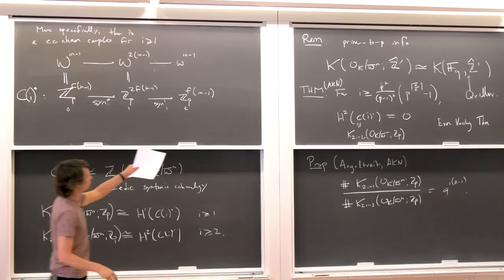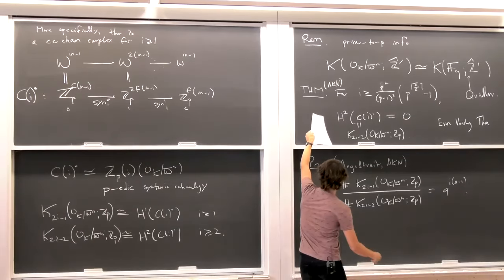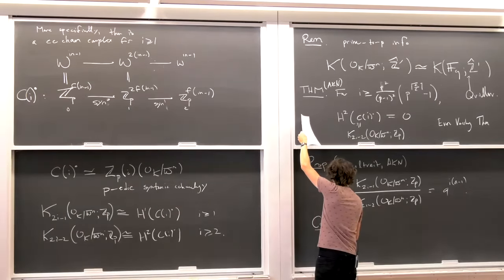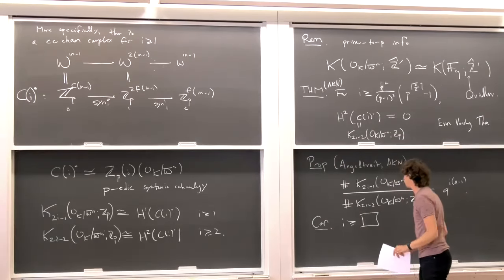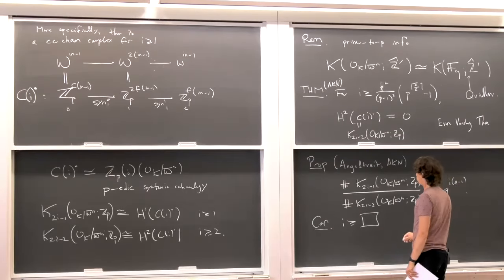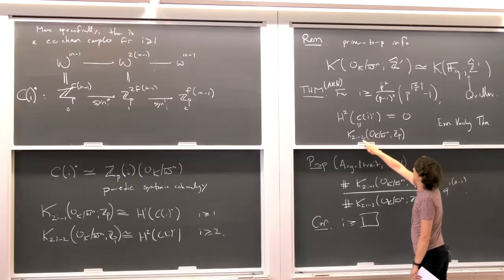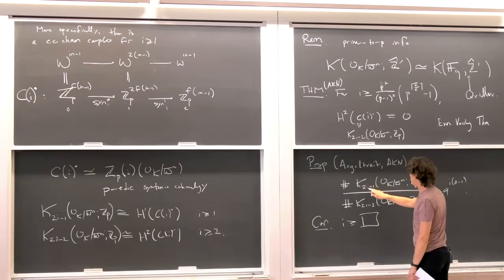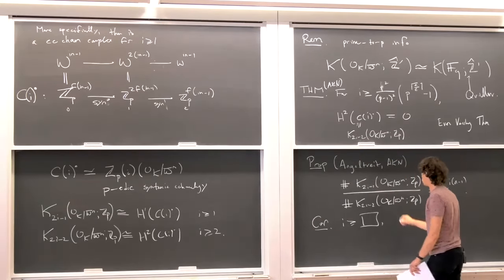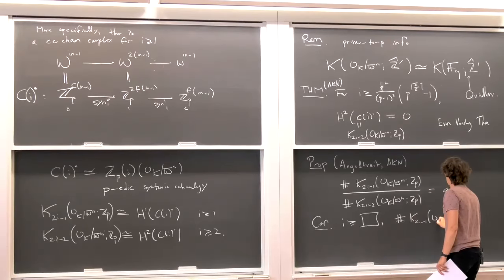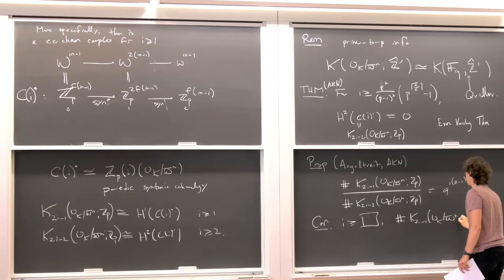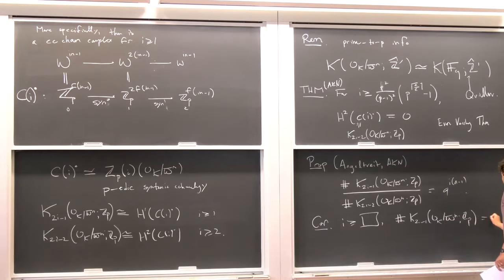Together with this theorem, we get a corollary which says that for i bigger than or equal to the bound above, this K group always vanishes. So this tells us that the order of K_{2i-1} of O_K mod pi^n, p-completed, is q^(in) minus 1, no matter what.